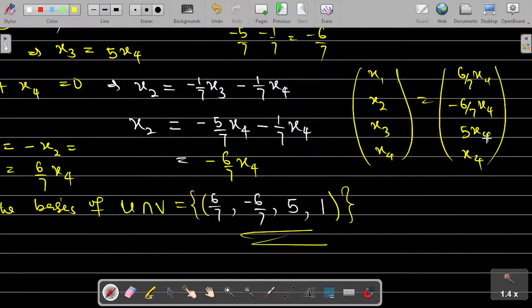If you now bring out x4 here, everything will just be the coefficient, and that's going to give you this. And so you have only one vector as the basis. So I have only this, this and this, all multiplying x4. That's because x4 is the only free variable you have in this particular vector space that we are given, which is our U intersection V.